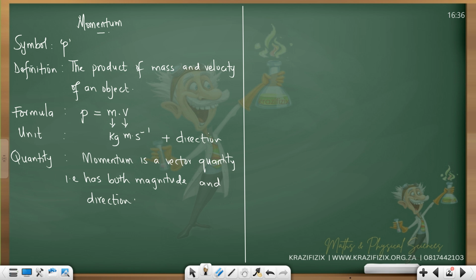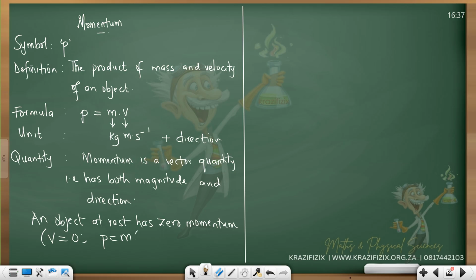And I think it is important for me to say an object at rest has 0 momentum. I hope that makes sense. Since velocity equals 0, mv will also be equal to 0.